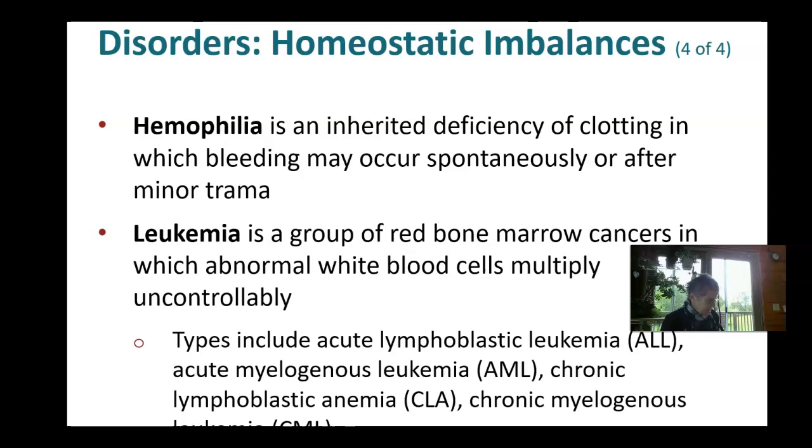If it's chronic, that's typically in adults, usually older adults, 55 or so. So acute lymphoblastic leukemia, ALL, and acute myelogenous leukemia, AML, are typically how they're designated by those initials.